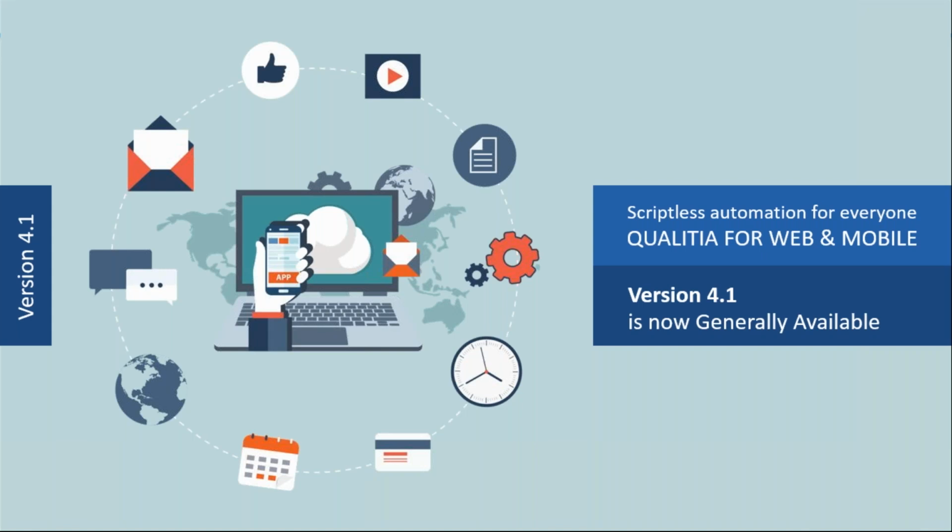So in this webinar today, let's look at all the new features that we have added in this version, specifically for mobile. And we will also not only talk about them, but also demonstrate some of the key aspects. So let's begin.